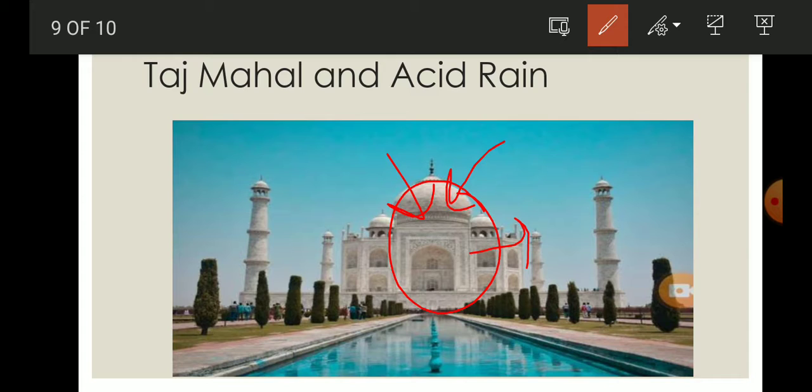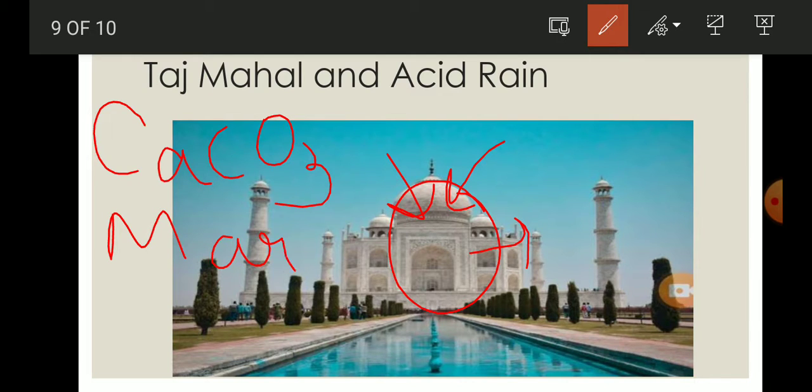Now what is actually happening when this acid falls on it, let us see. Okay, you all know that this Taj Mahal is made from marble, which in chemistry is known as calcium carbonate. Okay, this is known as calcium carbonate, the marble which is used to make it. So this marble is calcium carbonate.